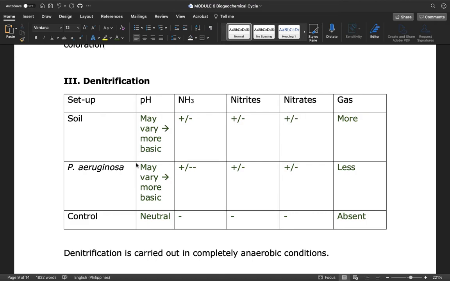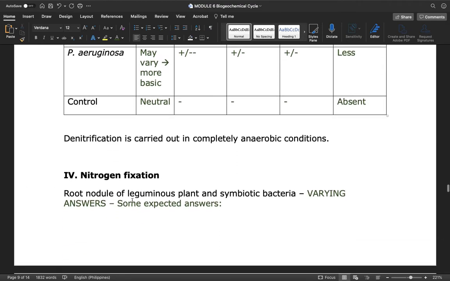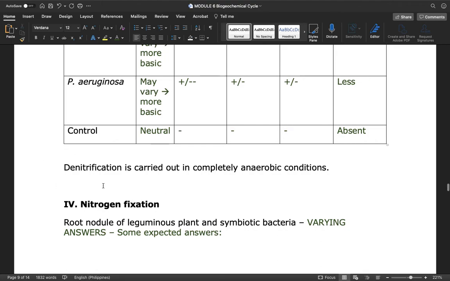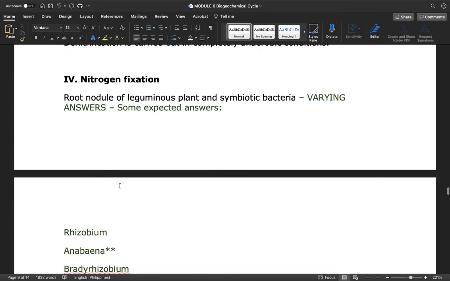So you expect more gas to be produced compared to Pseudomonas alone. No? Okay? Remember, denitrification is carried out in completely anaerobic conditions. Okay? So, very important. Kaya nga important yung pagtatakip ng tube, no? To make sure that no gas has entered it. Tapos, completely anaerobic talaga siya.